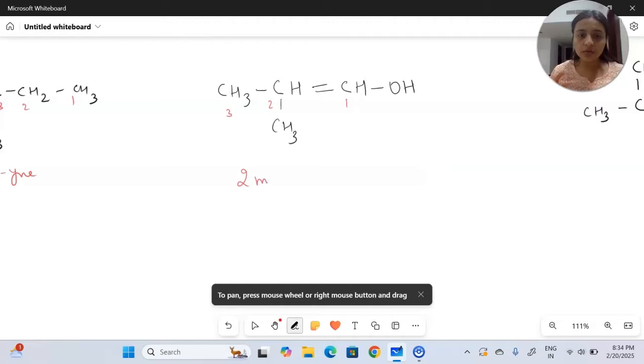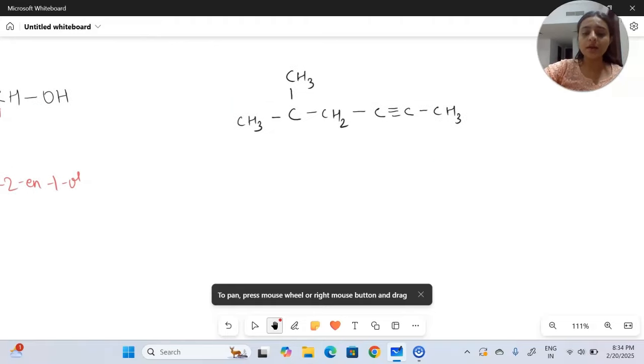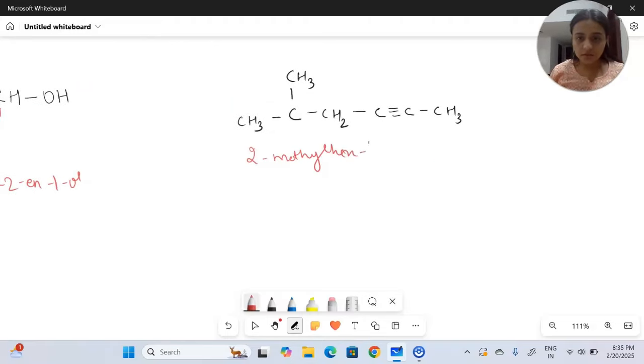So 2-methyl, don't forget to put a hyphen after the digits. 2-methylprop-2-en-1-ol. Okay, always mention the functional group with the lowest number. You always give preference to the functional group, then the double bonds, or the triple bonds. Now this is the last one, hex-4-yne.